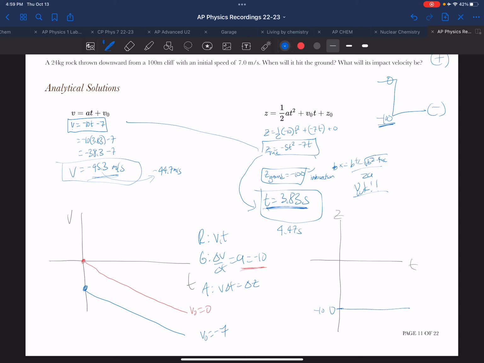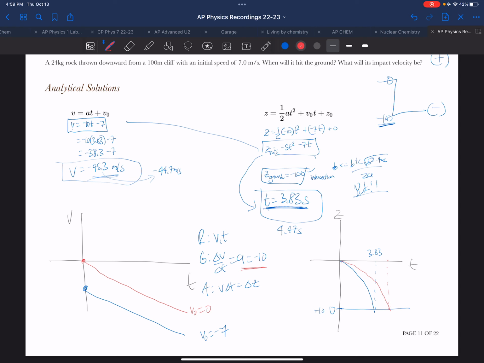Minus 100 looks like so. And our curve looked like this when it reached a position of minus 100, and that occurred at 3.83 seconds. The other curve took longer, 4.47 seconds. So you could see then that it has a broader arch to it. It has a smaller concavity, if you will. So you can see here it's going to take longer, which makes it broader.